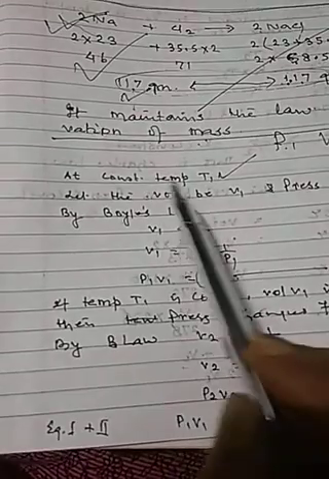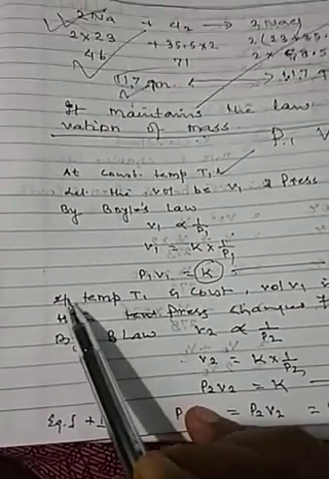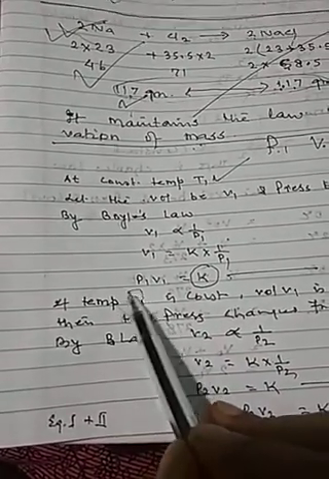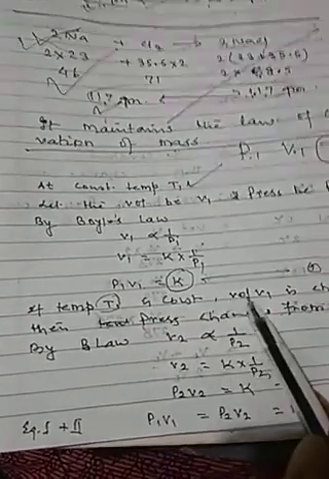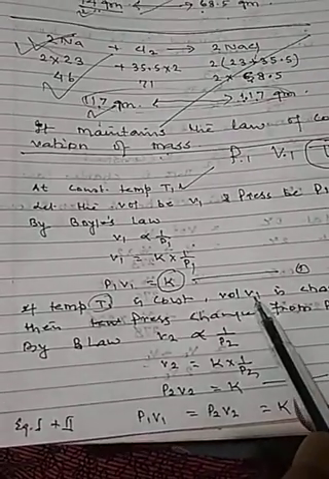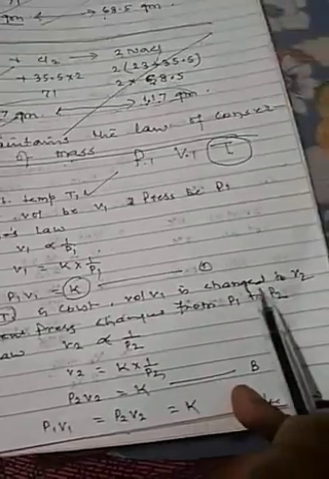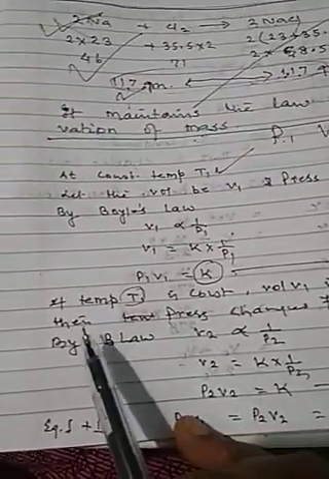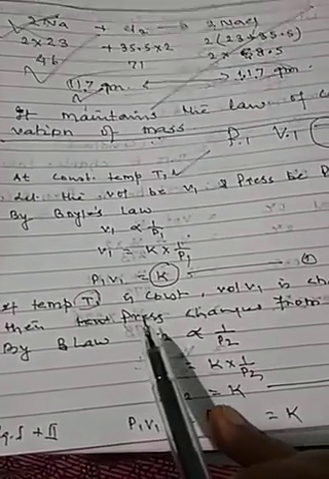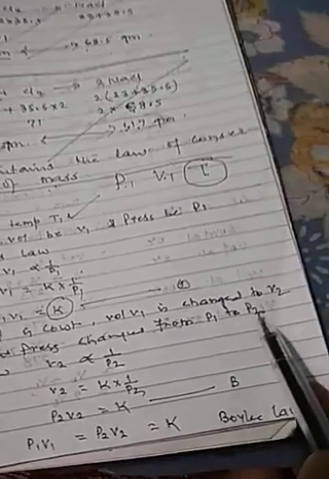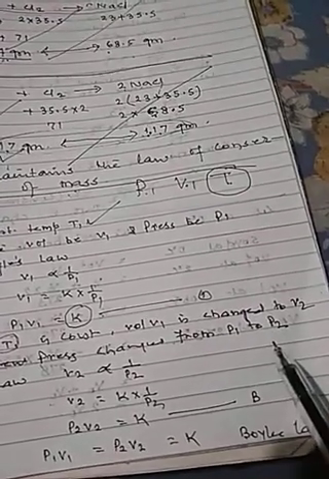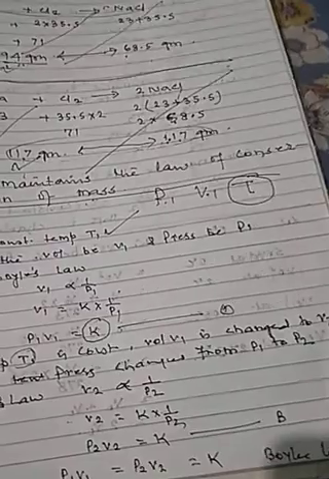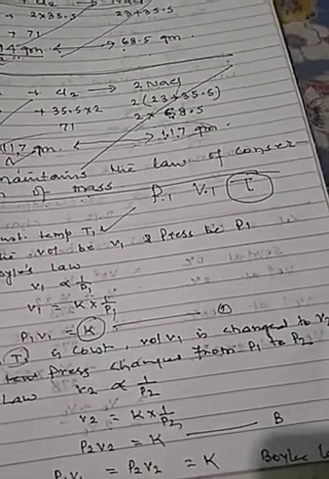Now, at the temperature T1, temperature is kept constant. If volume V1 is changed to V2, naturally the pressure will also change from P1 to P2. Mind my language, I am saying we are changing the pressure, we are changing the volume.